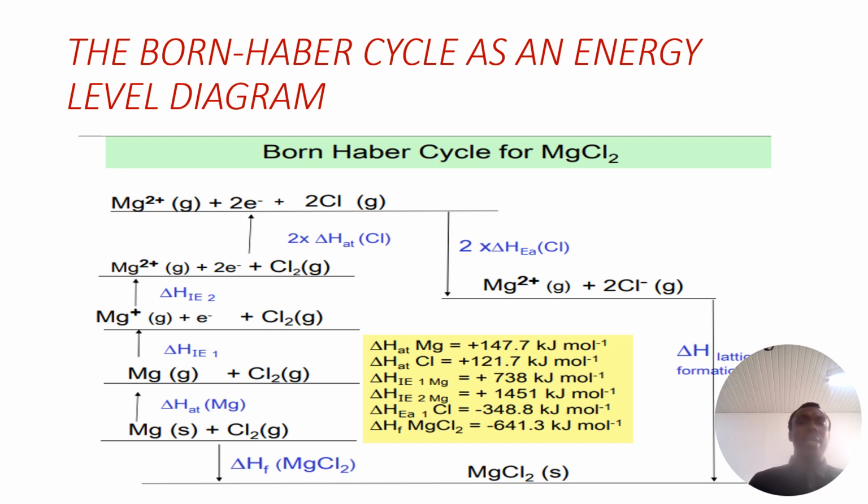It represents an enthalpy change, which can be the enthalpy change of formation, atomization, ionization energy, electron affinity, or the lattice enthalpy or lattice energy. Where the arrow moves down represents an exothermic process, and where it moves up represents an endothermic process.